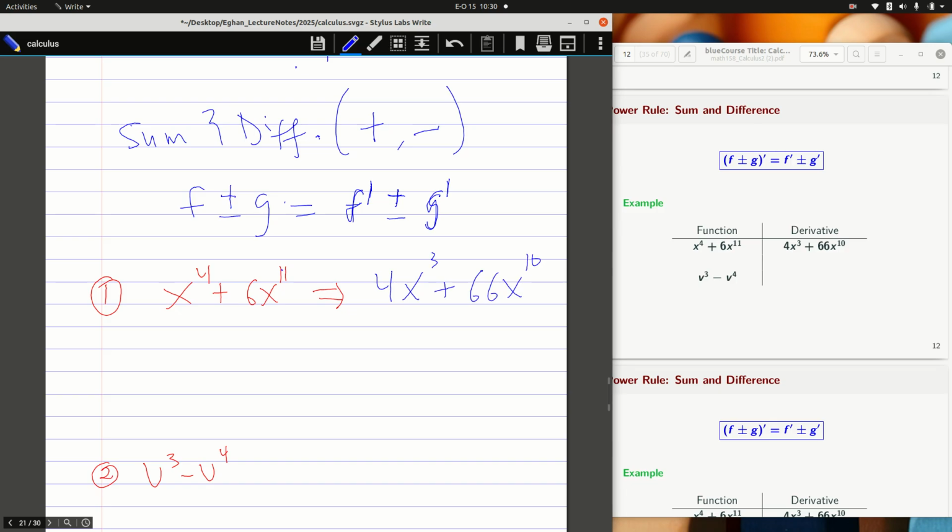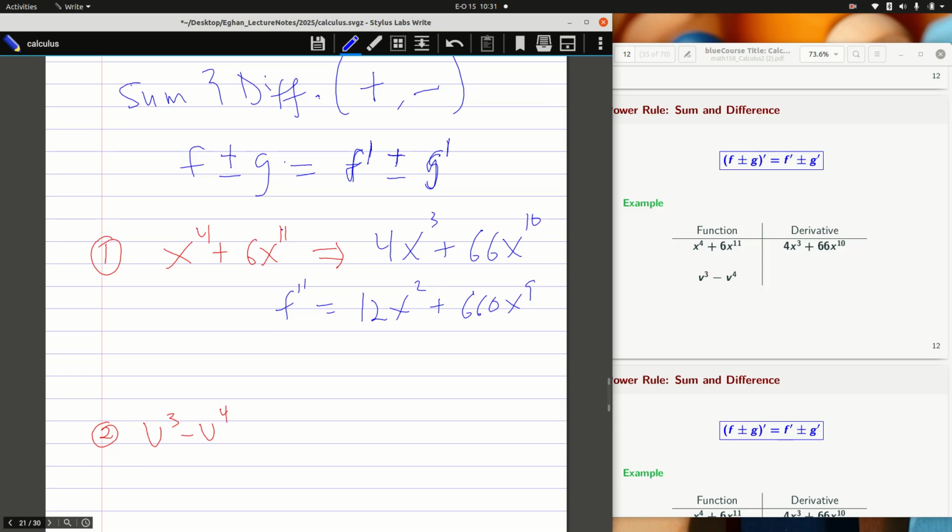The second derivative of this, I'm supposed to get 12x squared plus 660x to the power 9. Okay, the third derivative, I'm going to get 24x plus 5940x to the power 8, and so on and so forth, just by the power rule.